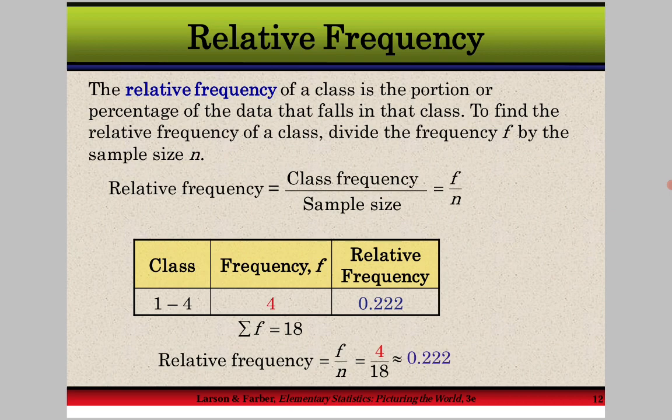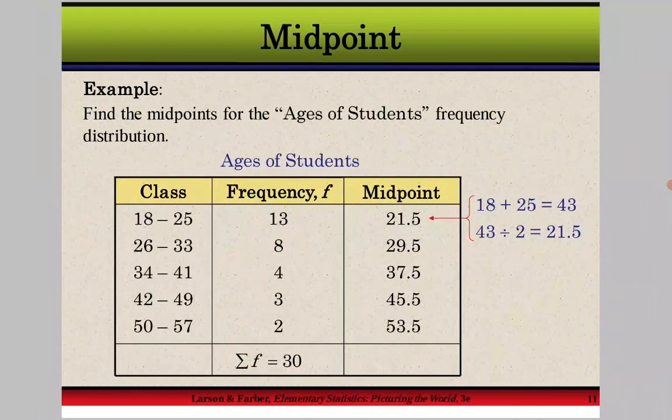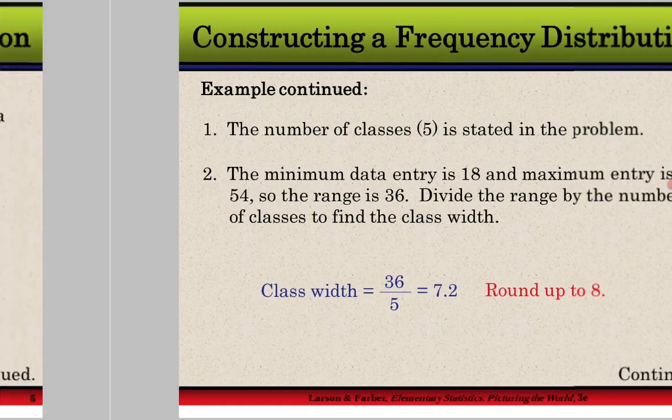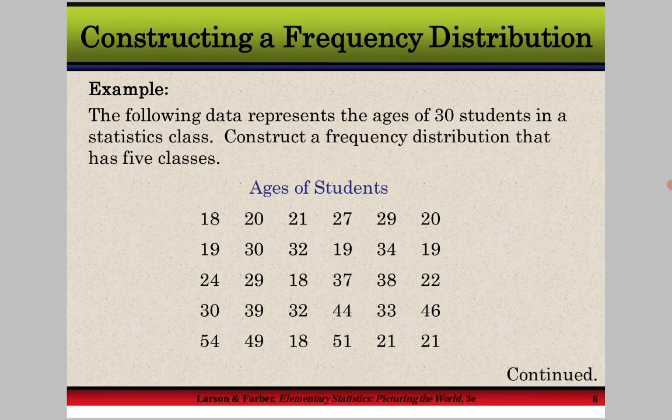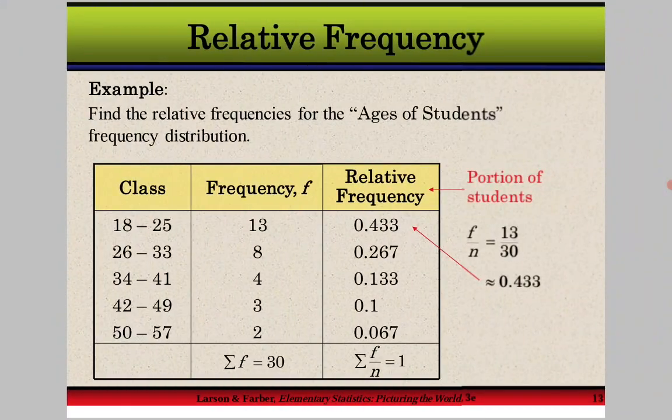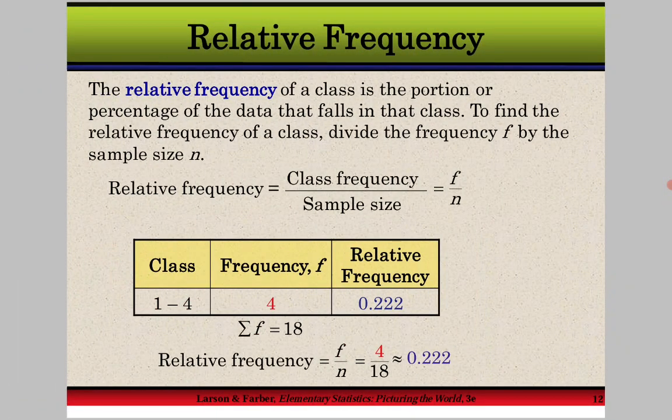What is 18? 18 is the sample size of the data. So relative frequency is equal to frequency divided by n, that is class frequency f by sample size n.